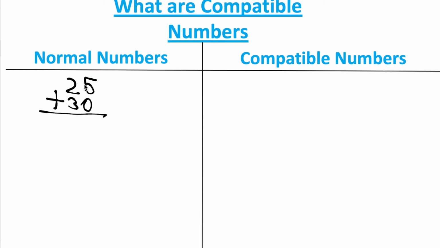So 5 plus 0 is 5. 2 plus 3 is 5. Put 5 like this. And if it's like these, the compatible numbers are the same. And so the closest number, well, there's no other one. It's itself.